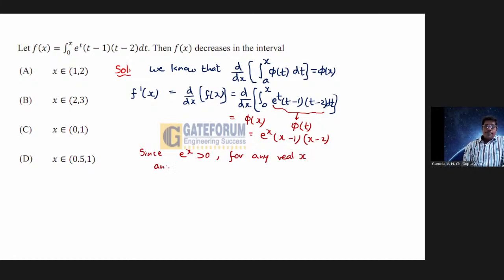And x minus 1 into x minus 2 is less than 0 for x values lying between 1 and 2. Okay. So, x lies between 1 and 2. X greater than 1, x minus 1 is positive. X less than 2, x minus 2 is negative. So, positive into negative is always negative.